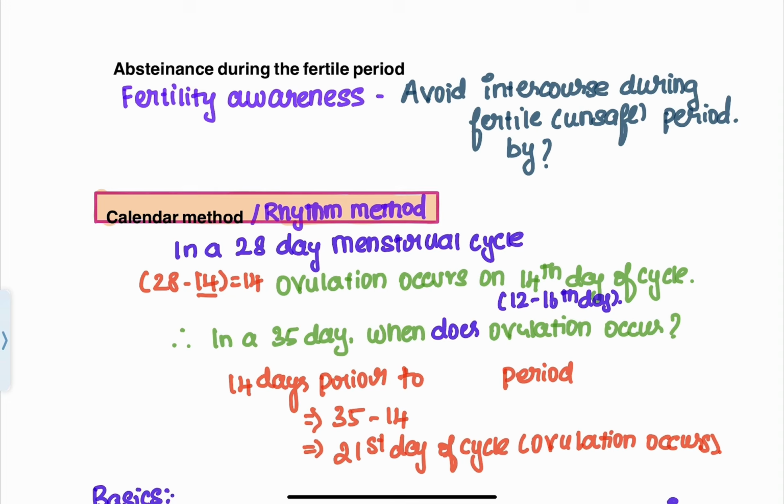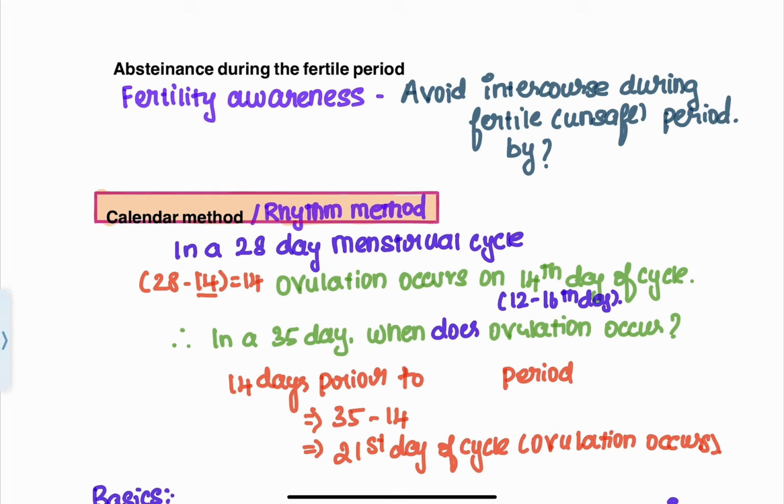Let's take for example that on average, the menstrual cycle duration in most females is 28 days. So in a female with a regular 28-day cycle, when does ovulation occur? In a 28-day cycle, ovulation can occur 14 days prior to the menstruation, which means 14 days backwards from the 28th day of the cycle.